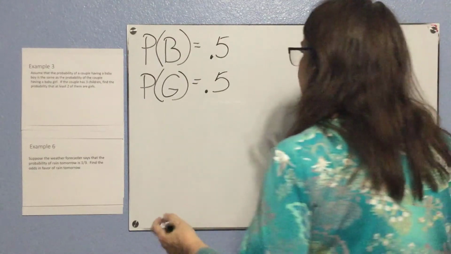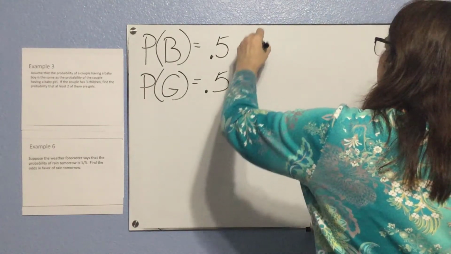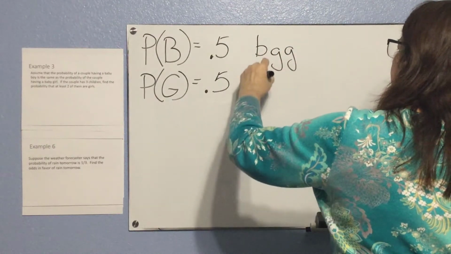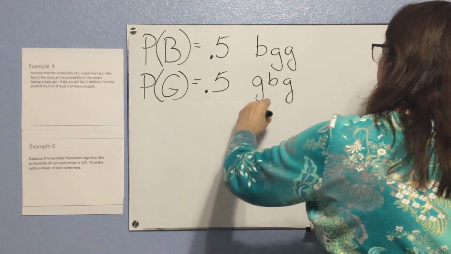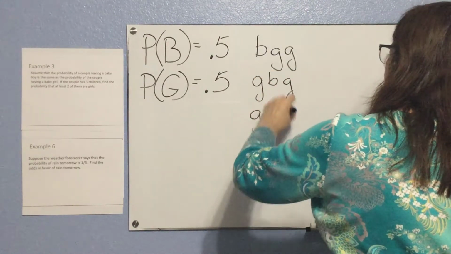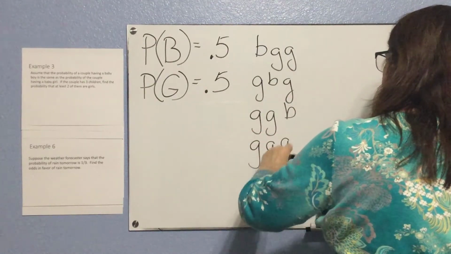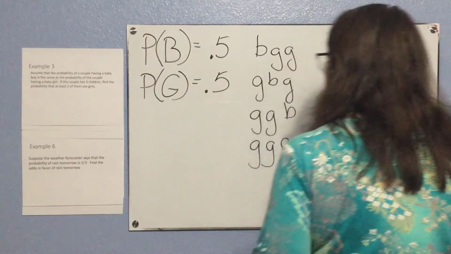So going back to our tree diagram that we did in the last section, we could have boy, girl, girl, girl, boy, girl, girl, girl, boy, or we could have 3 girls. So we have 4 chances there.